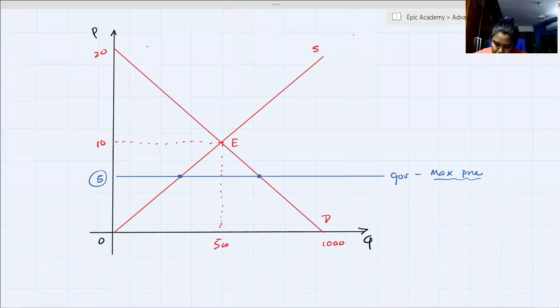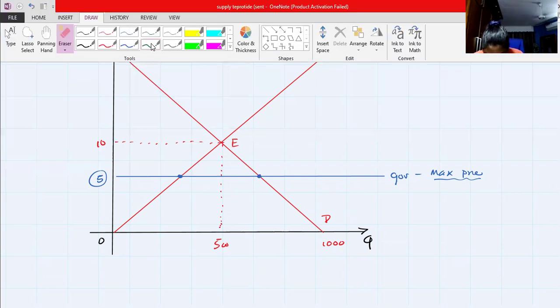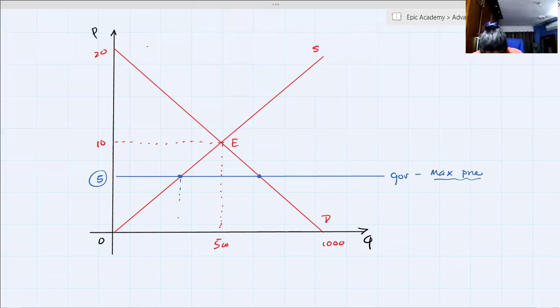At that particular price, the quantity of supply reduces to this amount. Just consider 300.